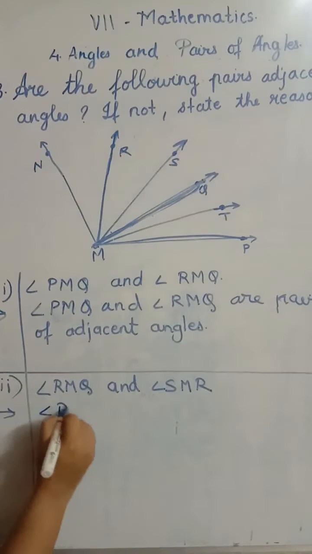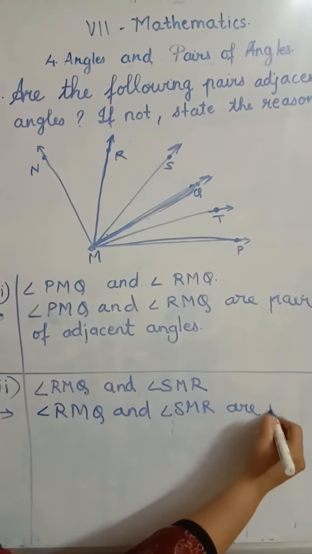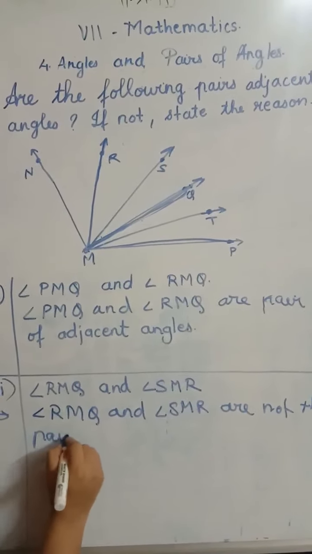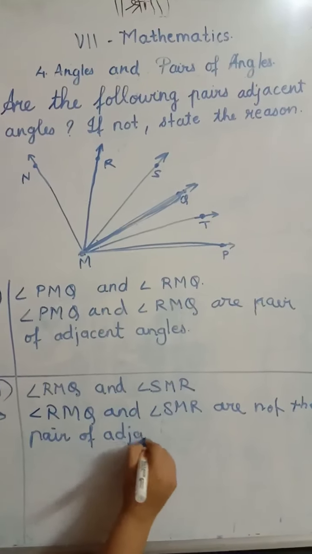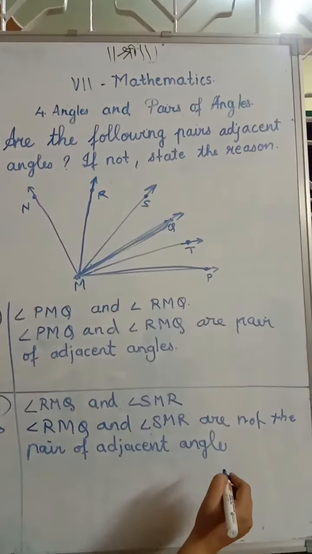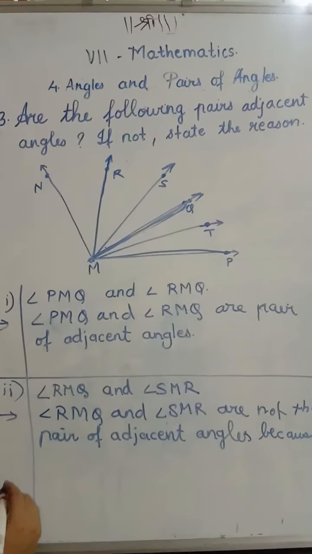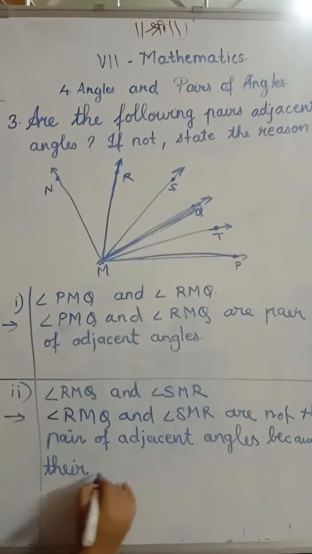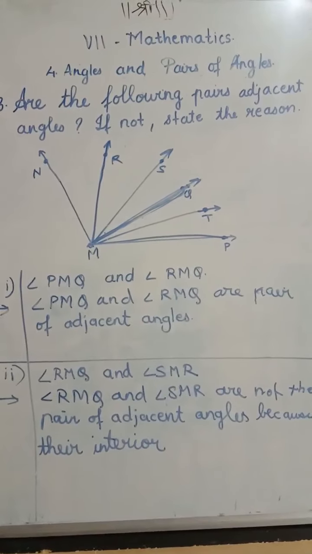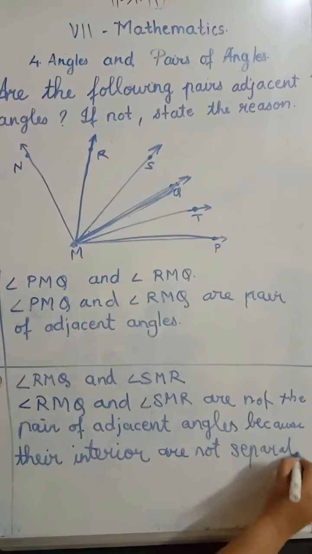Angle RMQ and angle SMR are not a pair of adjacent angles because their interiors, see here, are not separate.